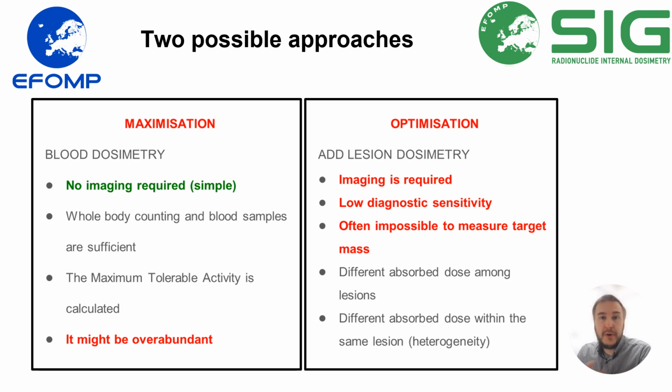Then the other problem is that if a patient has multiple lesions, normally they will receive different amounts of radiation, different absorbed doses. So it's very hard to prescribe to a certain amount of absorbed dose. And then even within a lesion, the uptake and therefore the absorbed dose can be very heterogeneous.